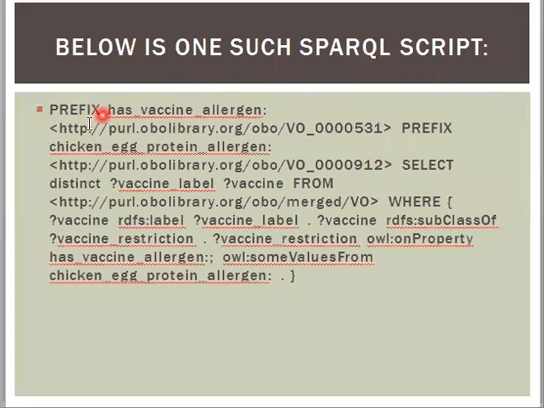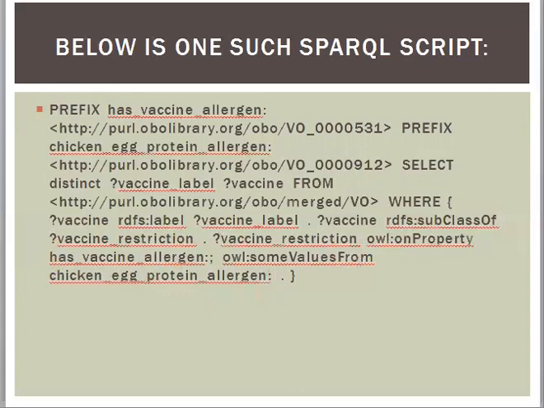Such a SPARQL script over here, we have seen the prefix has vaccine allergen, the URI, chicken egg protein allergen, again the distinct vaccine label from where that query, where vaccine, and then label RDFS subclass of vaccine. Restriction is vaccine restriction from the property has vaccine and allergen, some values from the chicken eggs protein and allergen.